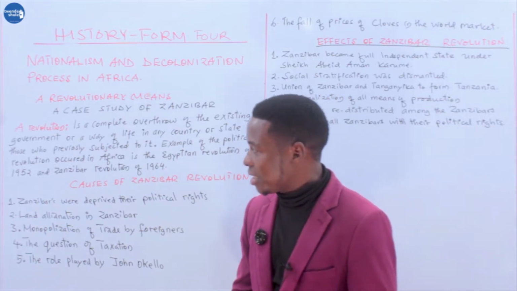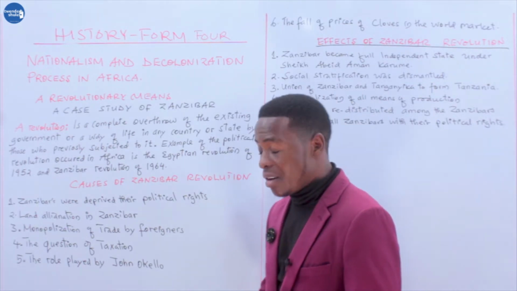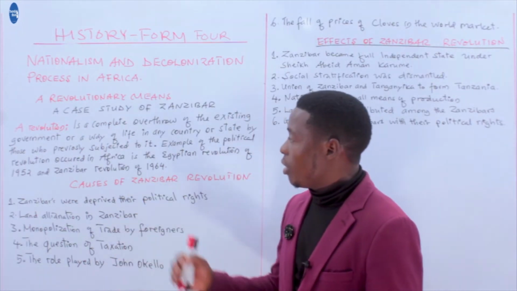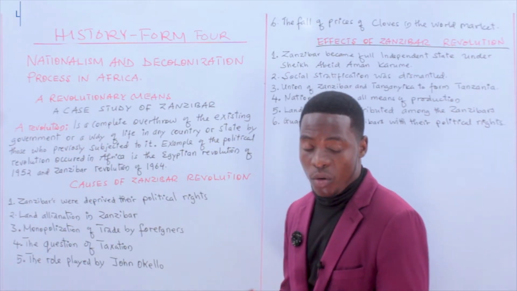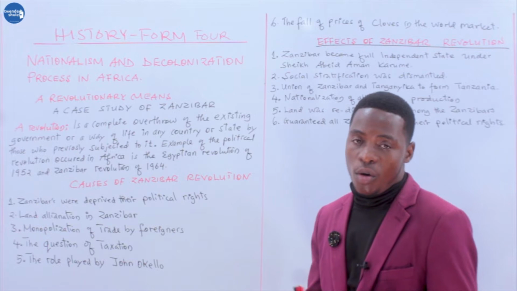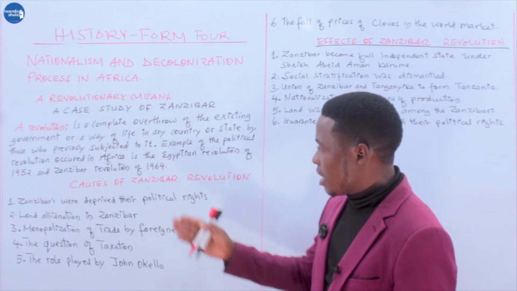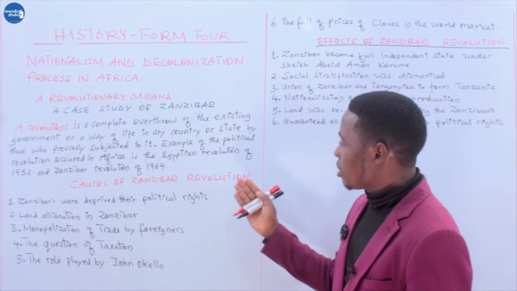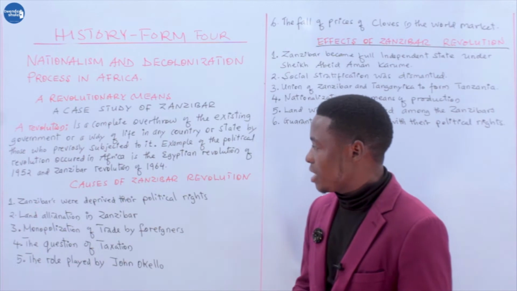So here we are discussing the revolutionary means as a way of decolonization in Africa. A revolution is the complete overthrow of the existing government or a way of life in any country or state by those who were previously subjected to it.